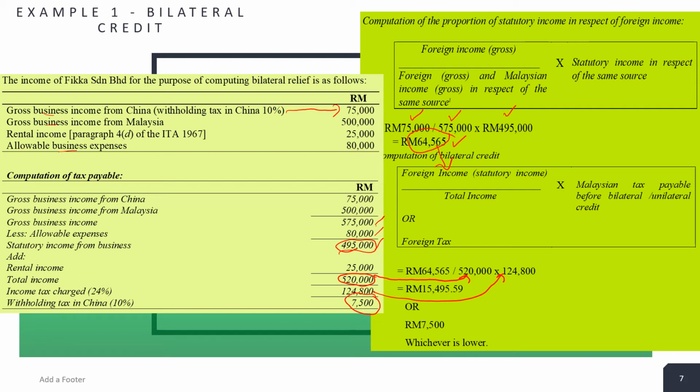This one you compare with tax paid in China, 7,500. Whichever is lower is the relief. So which one? This one is lower. So this is the relief. So where will we deduct this relief?